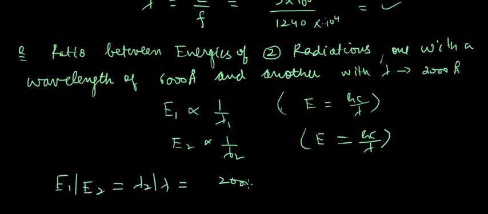Lambda 2 is 2000 angstrom, lambda 1 is 600 angstrom. So the ratio would be 1:3.